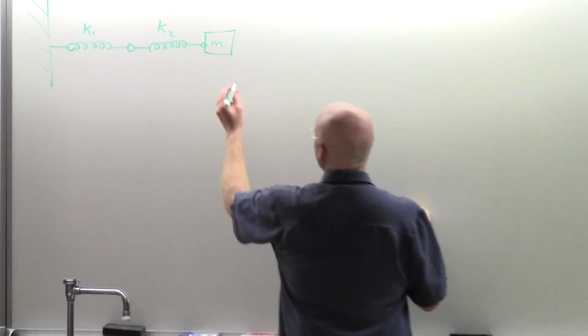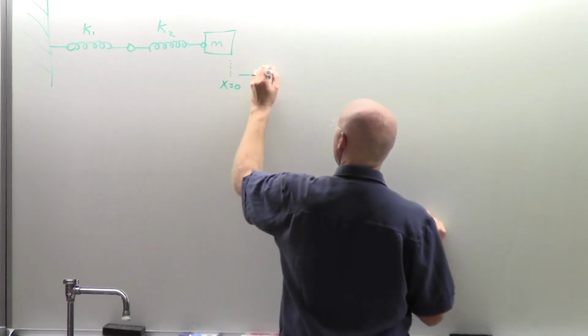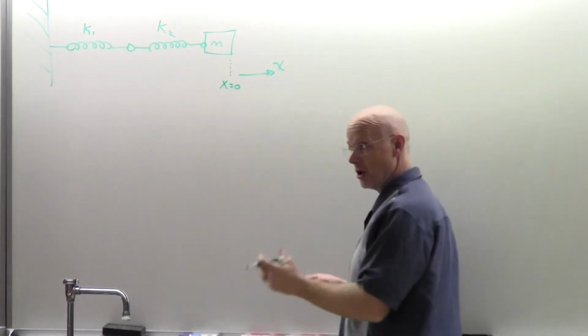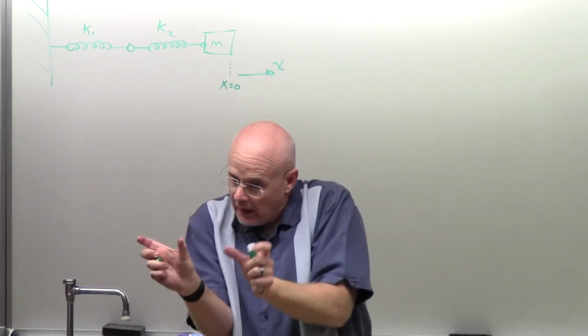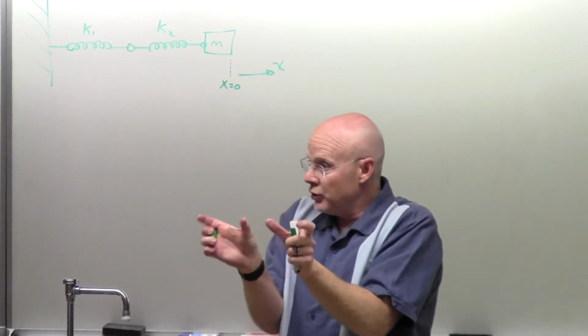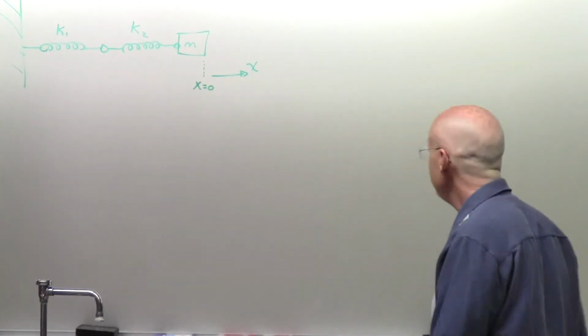All right, so imagine this being x equals 0, and I pull it a distance x. So again, measuring x from the natural length, being you might say the total of the two springs together. Okay, so there's my x equals 0.